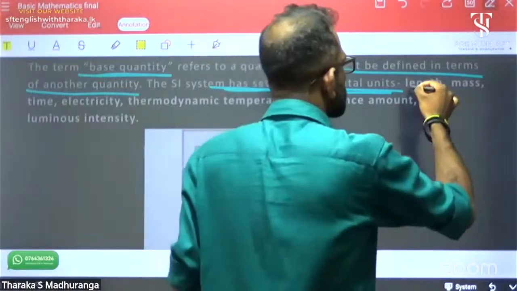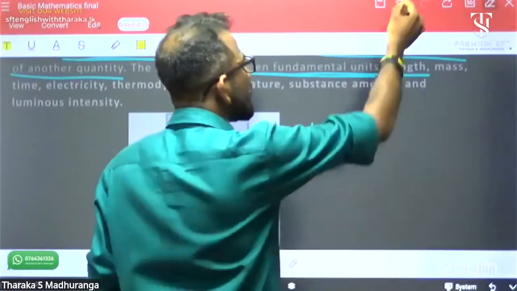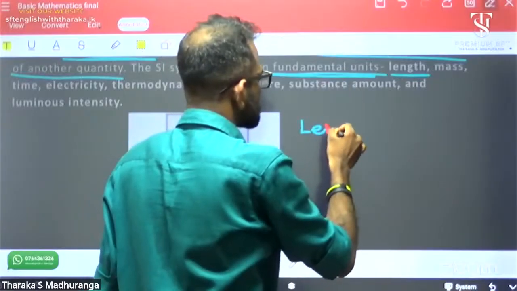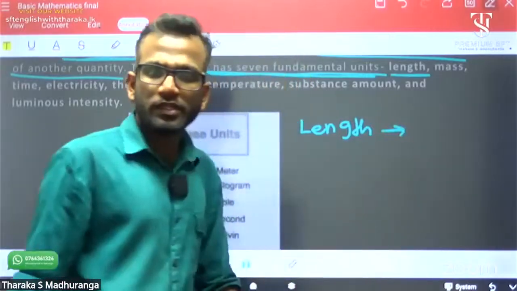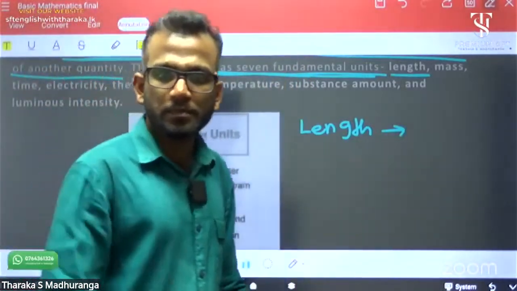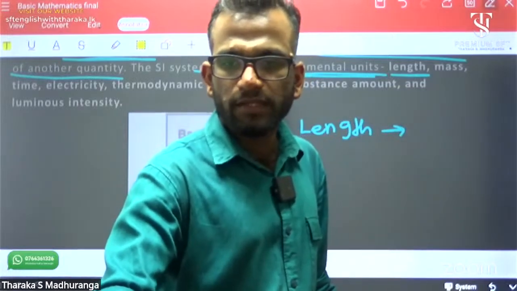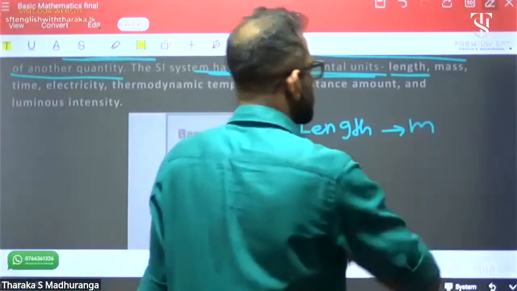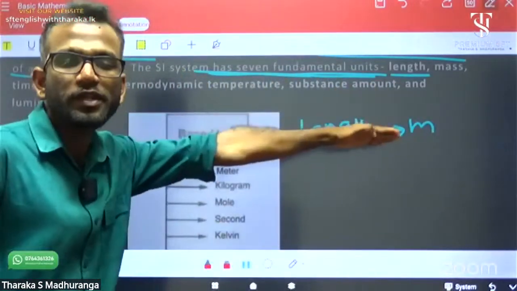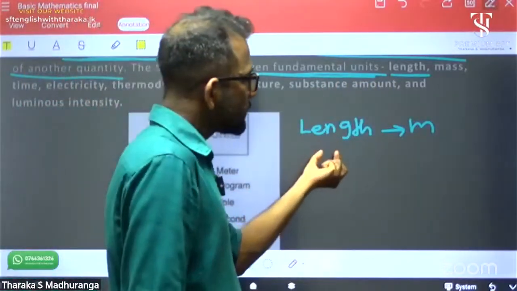The first quantity is length. You know length. What is the standard unit of length? Meter, very good. The length is a base quantity.